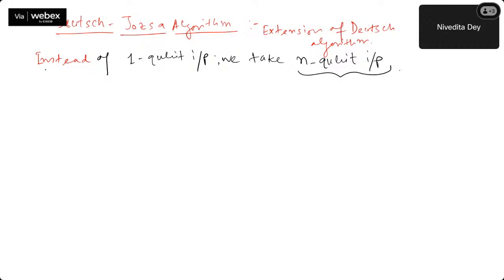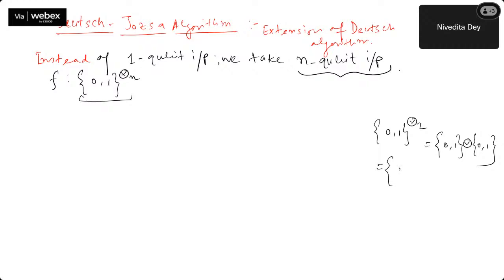So the function will now look like 0, 1 tensor product n times. This is very easy. Take a case of 2: 0, 1 product 0, 1, which is nothing but 00, 01, 10, 11. So it is a 2 qubit system, and you can write it in this way or in this way. It's the same. Similarly, for n qubits, 0, 1 tensor product n will be mapped to 0 and 1.